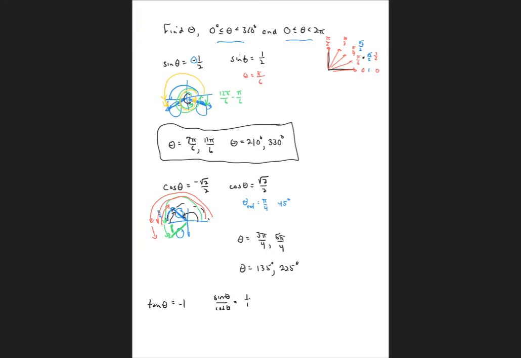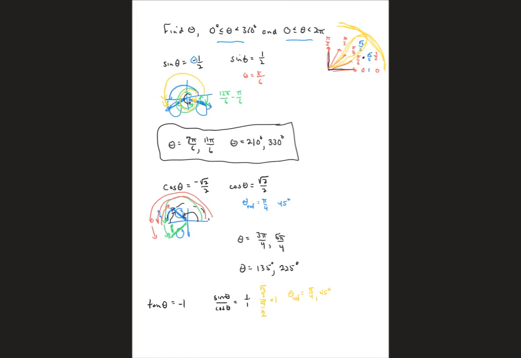Now the only place in our known angles here where sine and cosine are the same is at that pi over 4 or 45 degree angle, where sine and cosine are both equal to square root of 2 over 2. And we know that square root of 2 over 2 over square root of 2 over 2 would in fact be equal to 1. So our reference angle is going to be pi over 4 or 45 degrees, depending if we're in radians or degrees.